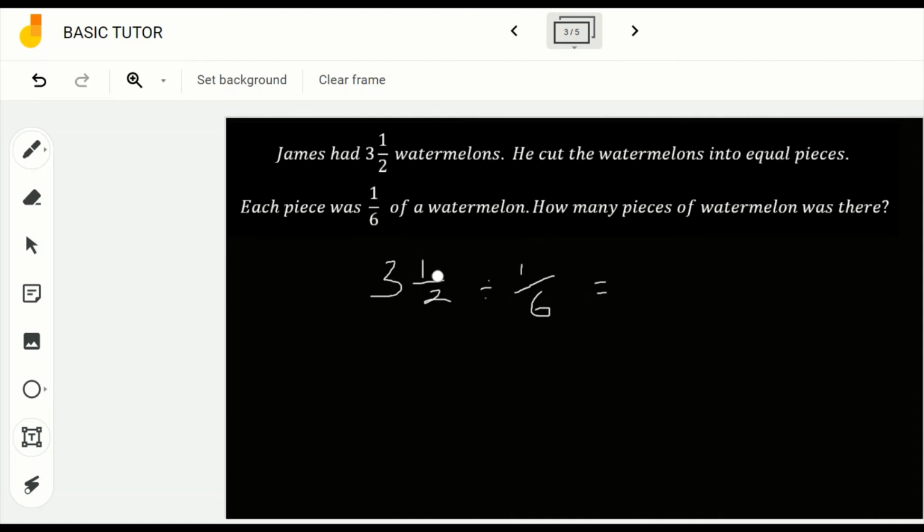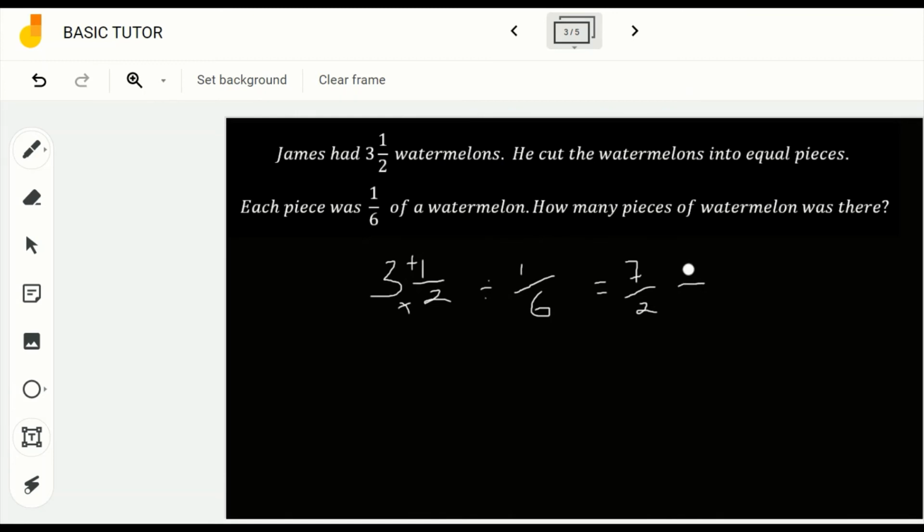To do that, we multiply the whole number by the denominator, then we add the product to the numerator. 2 times 3 is 6, plus 1 is 7, so we have 7/2.